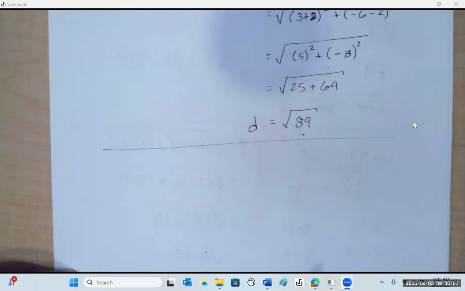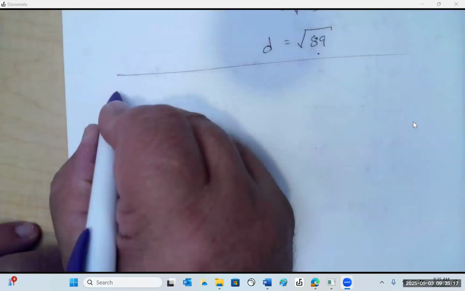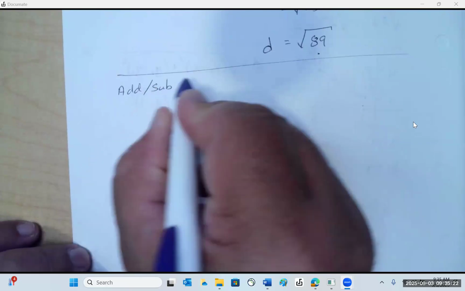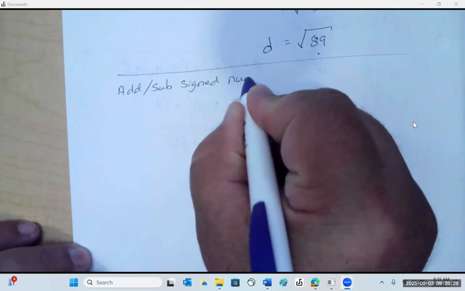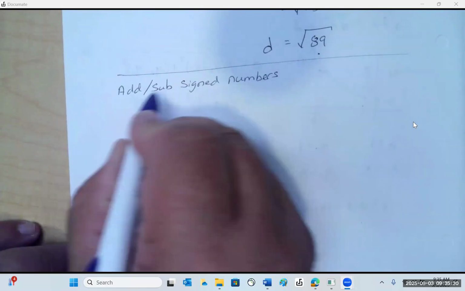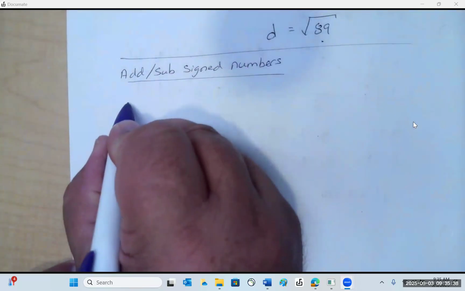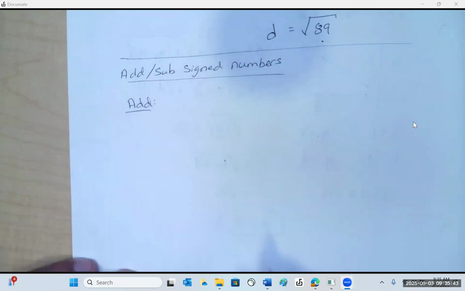The problem a lot of students have is adding and subtracting like signs. That's why multiplication and division is easy. And we'll go over those. So let's look at adding and subtracting signed numbers. Let's look at adding first.